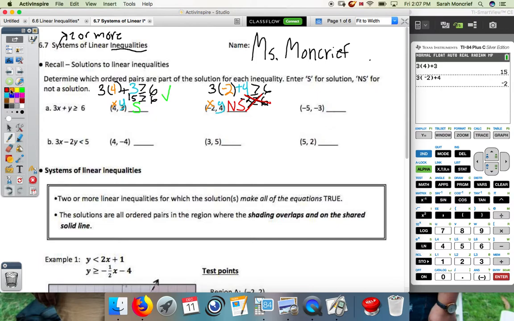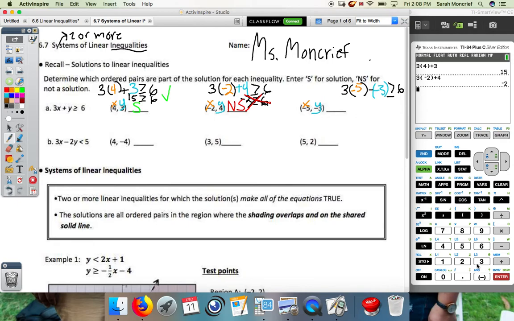In our last one, we have negative 5 for x and negative 3 for y. So we are just going to plug those in like we have been. So we have 3 times, what was x? You betcha, negative 5. Minus, and what was y? Negative 3 is greater than or equal to 6.